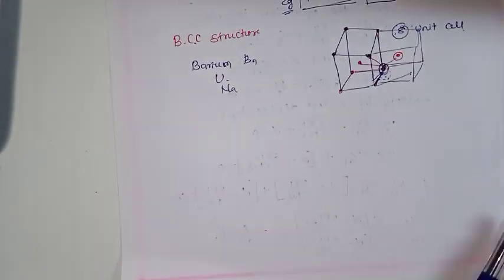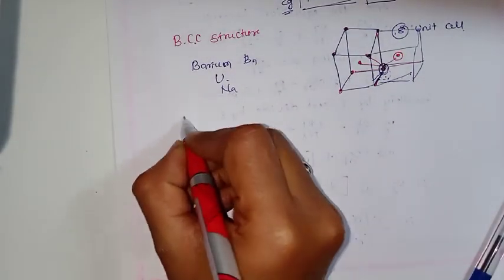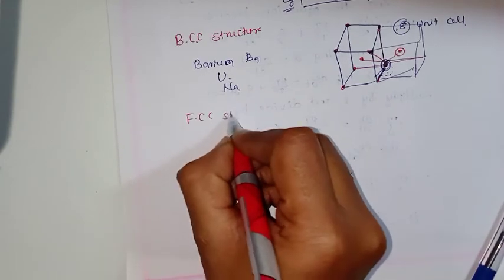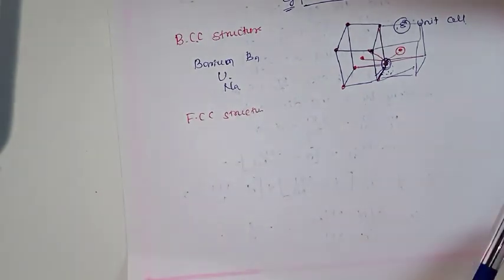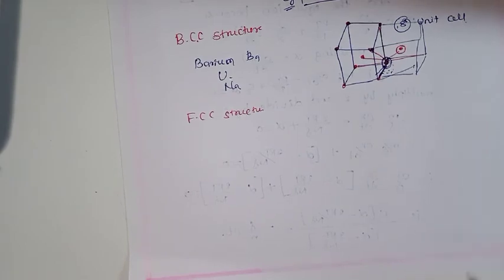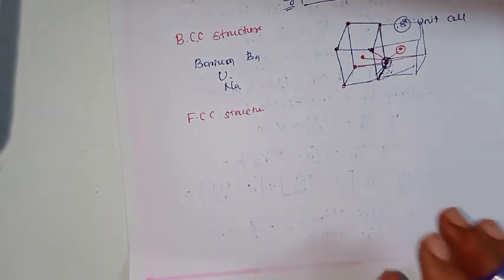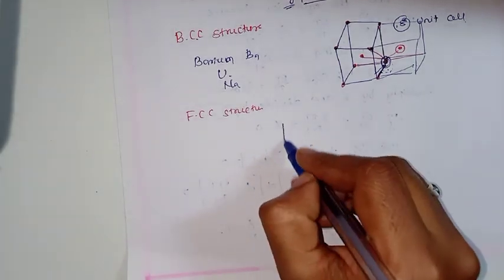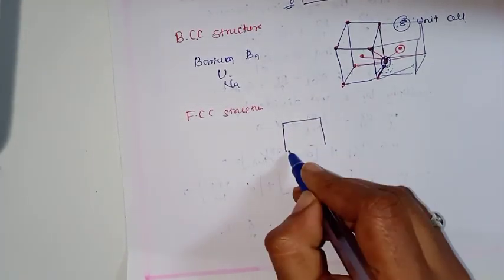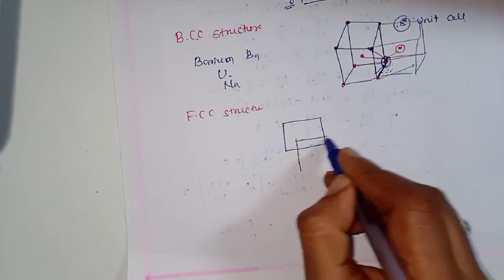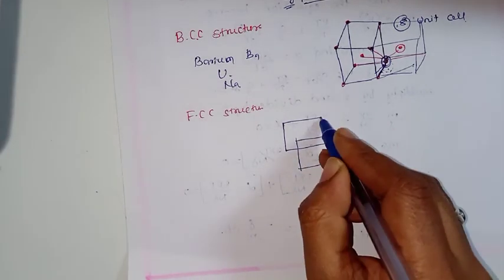Then the third one is the face centered structure. In the face centered structure, the nearest atom to the corner atom is the face centered one. So what is the face centered structure here? This is the face centered structure.